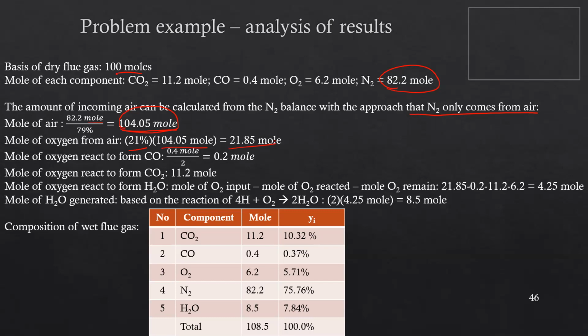And we need to calculate also the moles of oxygen which react to form the CO. The carbon plus oxygen will give you the CO. The CO is 0.4 moles here, and by using stoichiometry, this is divided by 2 in order to get the moles of oxygen which reacted with the carbon to generate the CO.